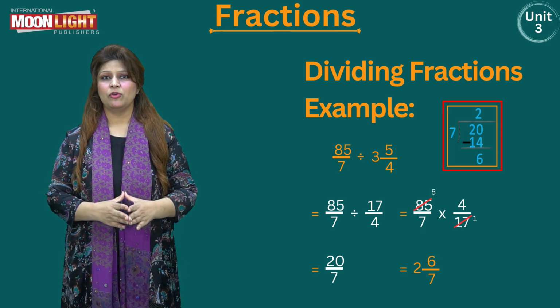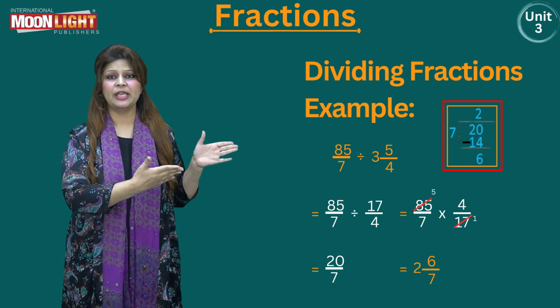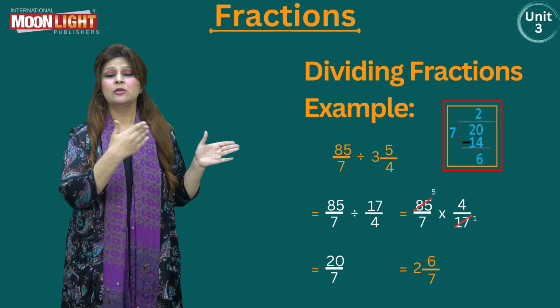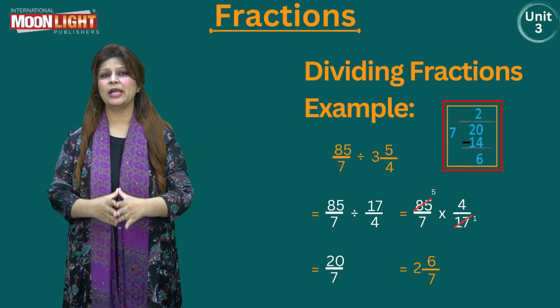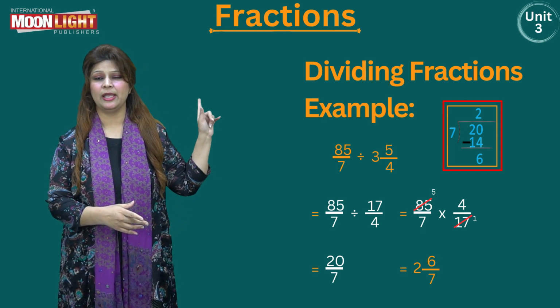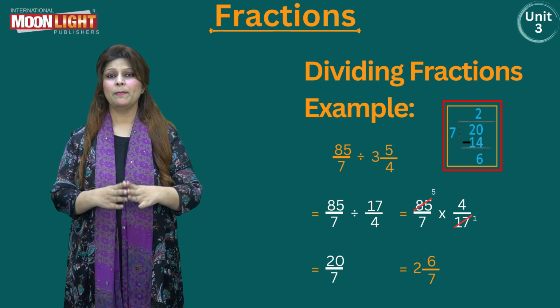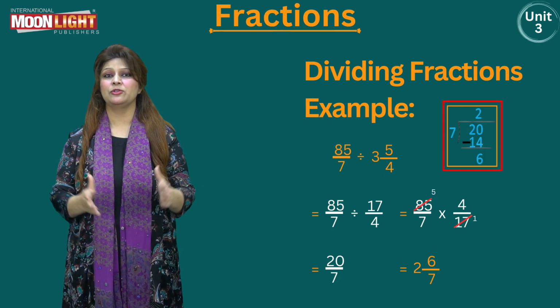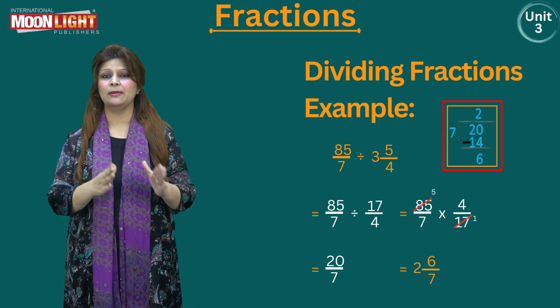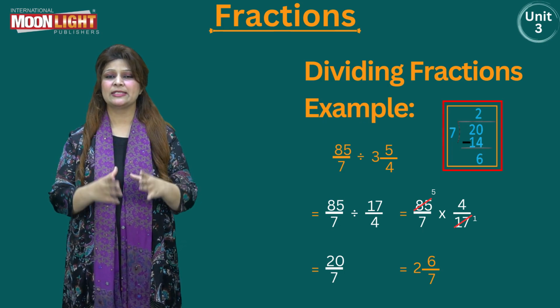7 2s are 14. Write 14 below 20 and subtract it. By subtraction, 20 minus 14 is 6.